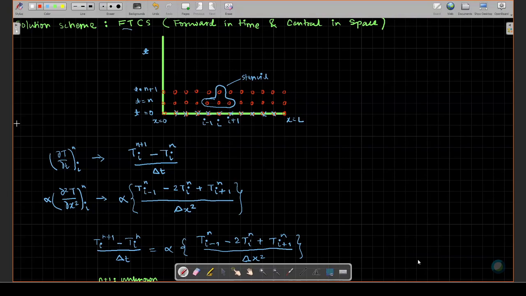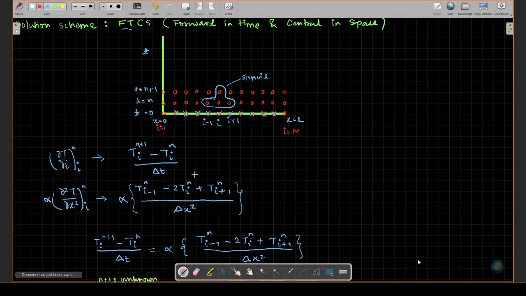Say we are moving from I equals 1 to I equals N, capital N. In that case you have this equation from I equals 2 to I equals N minus 1.